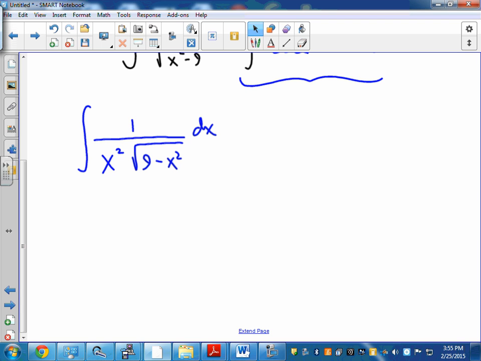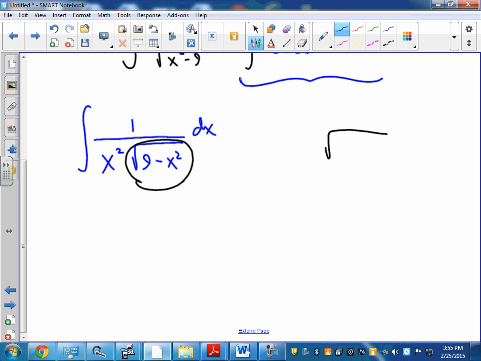And why is this called trig substitution? Well, what I'm going to do is note that when I see this particular setup, when I have a square root of a squared minus something squared, whenever I see that, I'm going to use this fact.